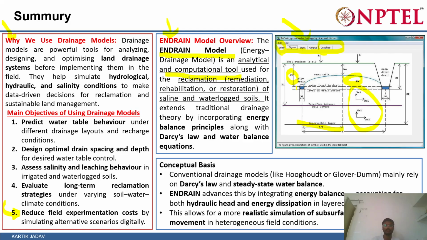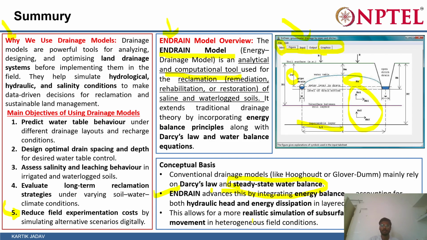So the conceptual basis is that conventional drainage models like Hooghoudt or Lower Dam mainly rely on Darcy's law and steady state water table balance, while EnDrain advances this by integrating energy balance, accounting for both hydraulic head and energy dissipation in layers.